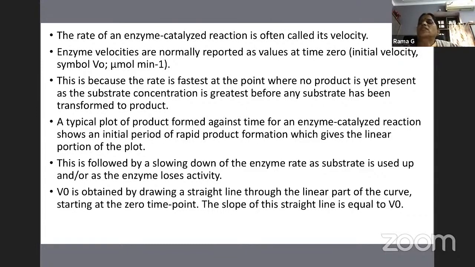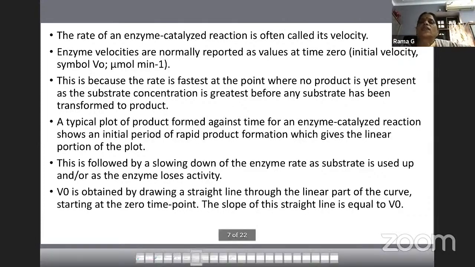The slope of the straight line is equal to V0. So here, the initial velocity of the reaction is V0, and it is obtained by drawing a straight line through the linear part of the curve, starting at the 0 time point, and the slope of this straight line is equal to V0.